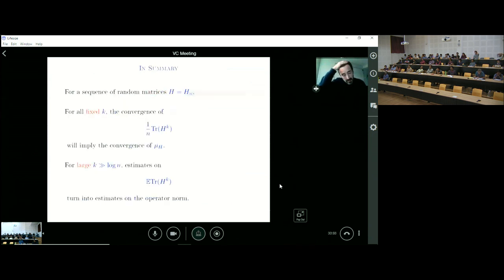And so in summary, if you have k fixed, the normalized trace of H to the k will give you access to the limit of the empirical spectral distribution. And for large k, your estimates on the expected trace will give you information on the operator norm.